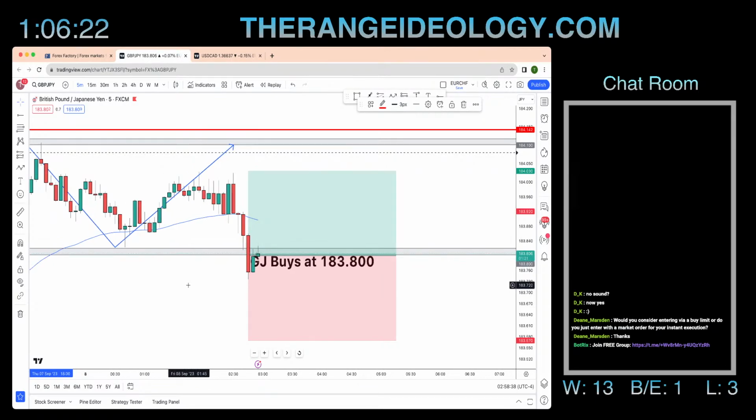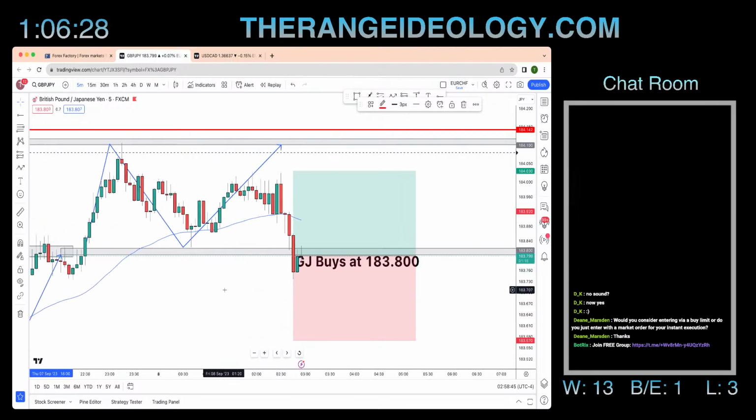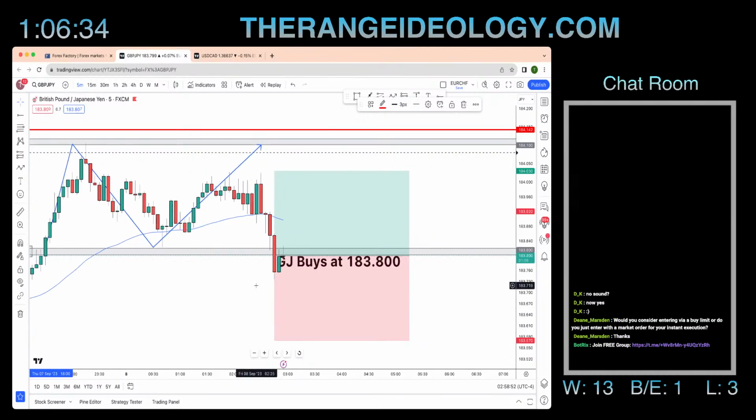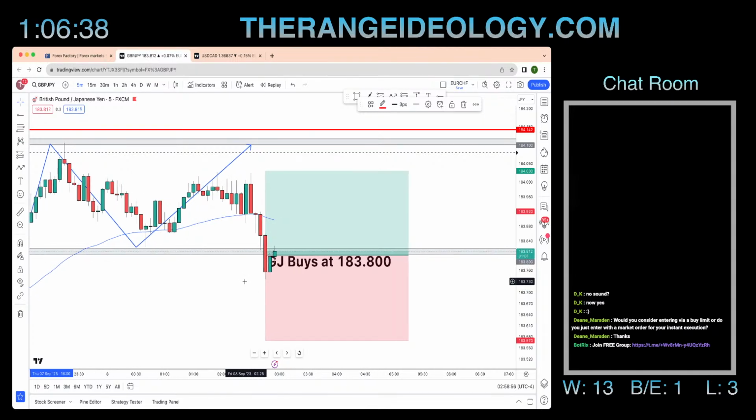But if you want to ride the ship here, again, just 2 minutes away from London opening, I will be most likely holding at this point now, right? But price is right at entry. If you want to break even, you have the opportunity right now.